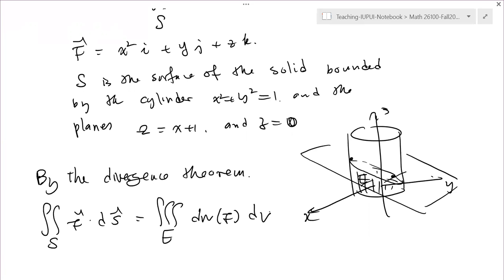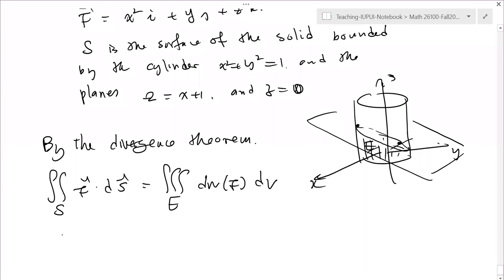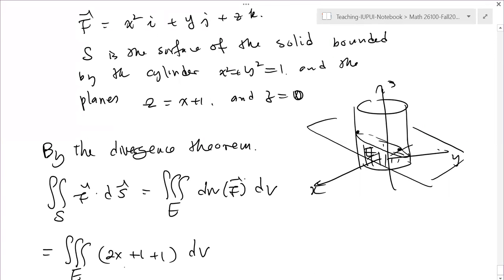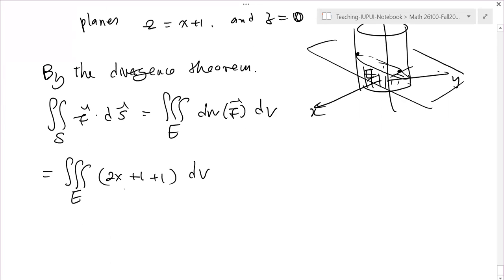So you calculate the divergence. It's the partial derivative of x squared, which is 2x, plus 1, plus 1. The vector field is very simple, with components x squared, y, and z. And so you get this.